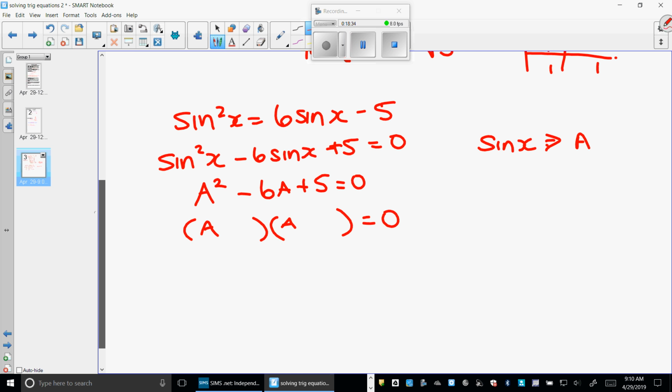We need numbers that multiply to positive 5 and add to negative 6. So minus 5 and minus 1.